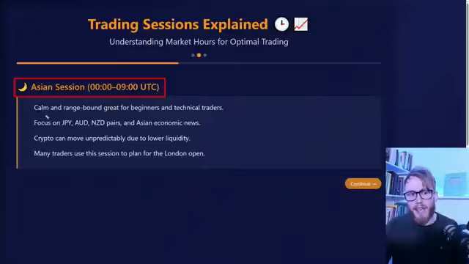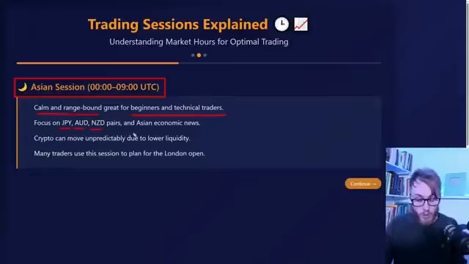Well, when it comes to the Asia session, we usually see a calmer and range-bound market. So this can make it a little bit better for both beginners and technical traders. During this session, if you trade Forex, you can focus on things like JPY, AUD, and NZD pairs.